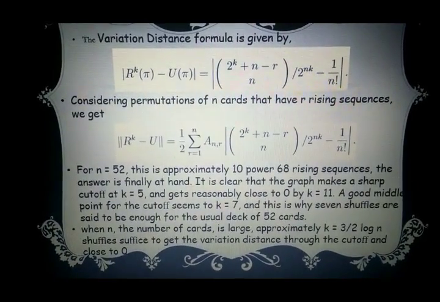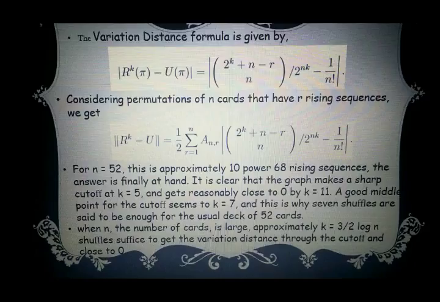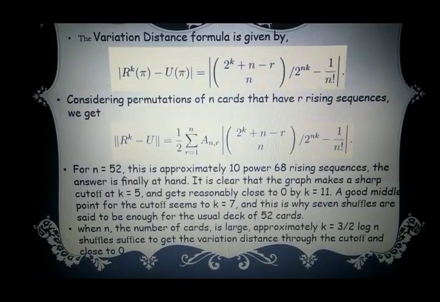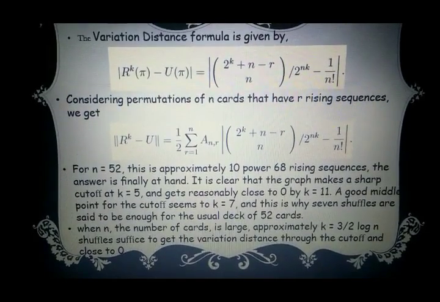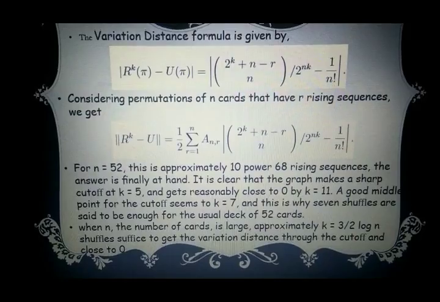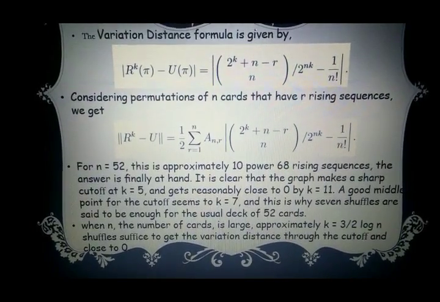When we take the difference of these two probability densities, we get a specific value, and when we compare this value to either 0 or 1, we see the closeness to 0 or 1.